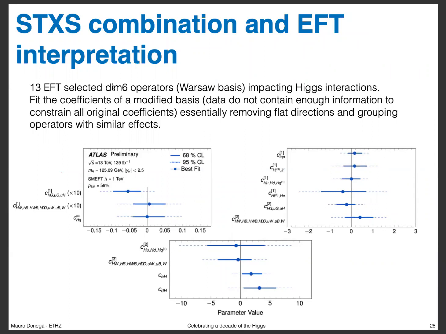So we stop at dimension 8, that's all. Yeah, so the point is, that's related to the cutoff. Every time you go higher in dimension, the effect of those operators will be suppressed by this cutoff to the power n, so the effects are going to be smaller and smaller. We decide to cut at dimension 6 because effectively we have no sensitivity to dimension 8, modulo some details, but that's the idea. So that's where we cut.